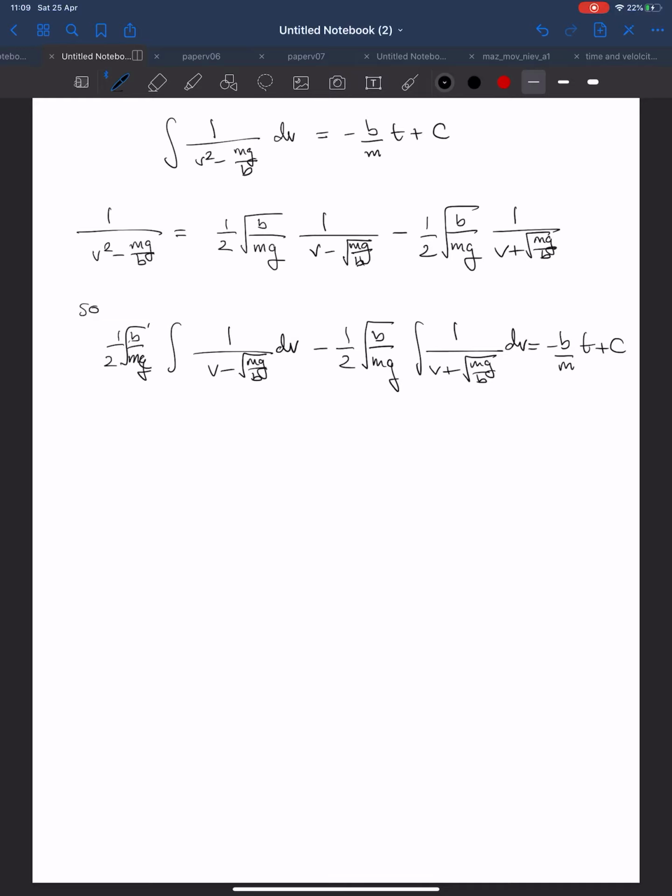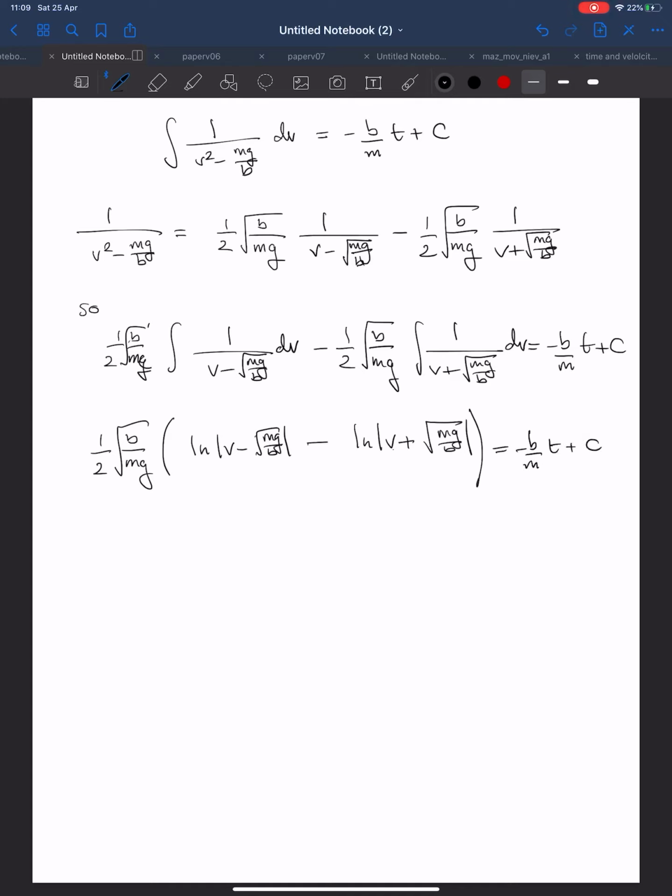Quite easily then we can integrate on the left-hand side, so we have 1/2. And now I'm going to take out this common factor. It's pretty pointless to keep it in both terms. So I have ln, the modulus, of this, and then I'm subtracting ln, modulus of this, v plus the square root of mg over b, equals minus this.